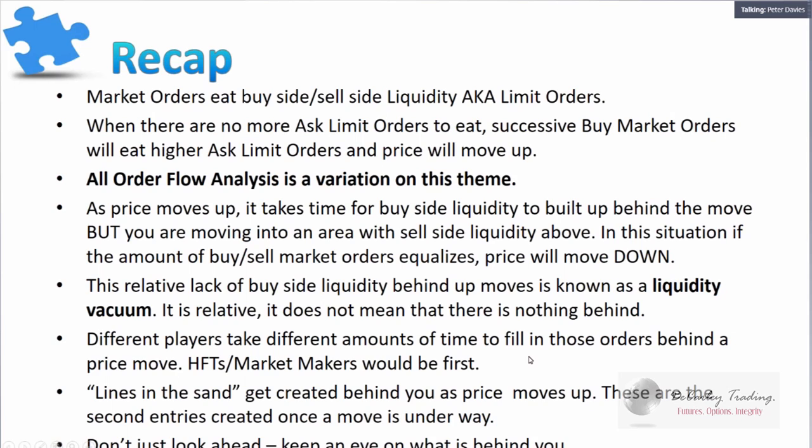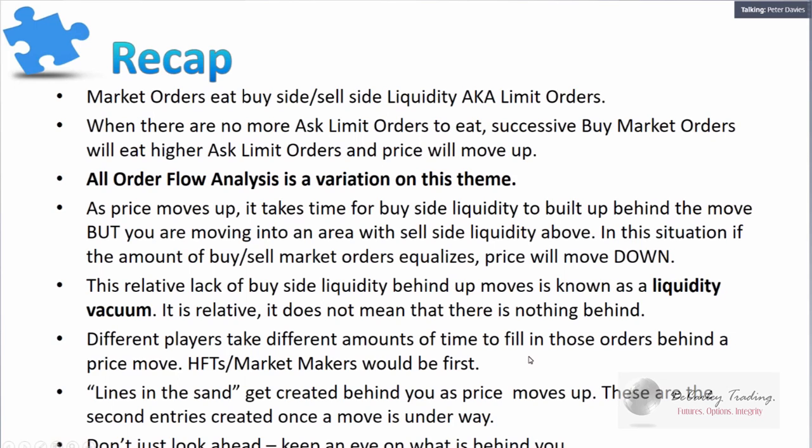As you move up, a relative liquidity vacuum builds behind you, and price momentarily collapses into those vacuums before continuing up. And those vacuums present short-term trading opportunities. Now, different players in the market work on different time horizons, taking different amounts of time to react and to fill those vacuums. The fastest at reacting are obviously the HFT market makers.